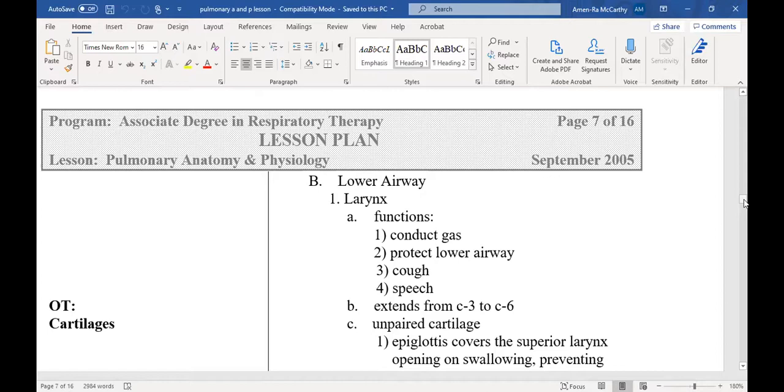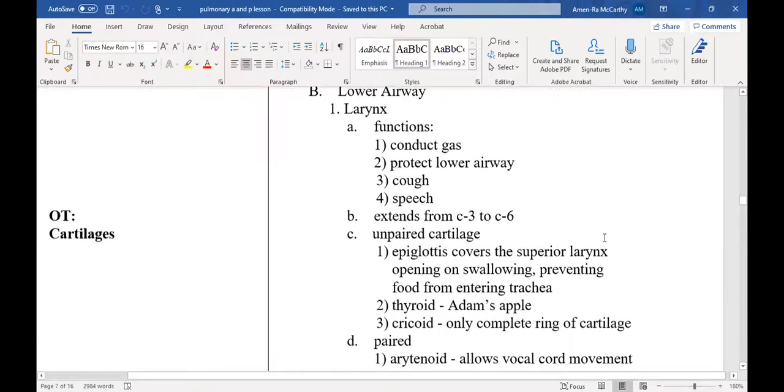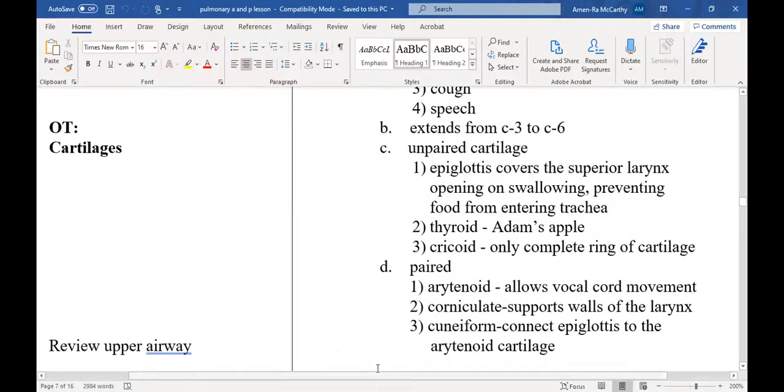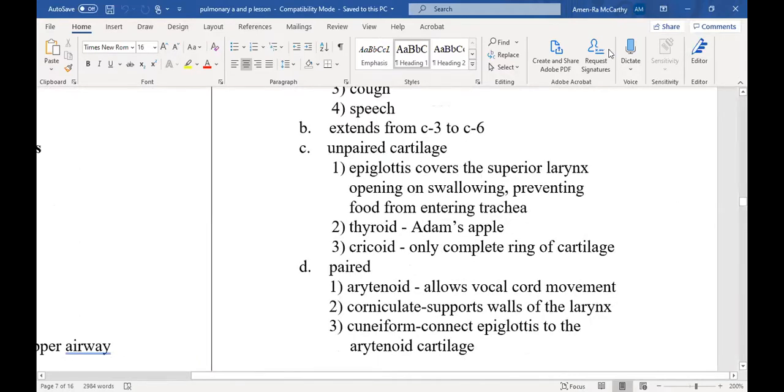Okay. It has those unpaired cartilage and paired cartilage. We said the unpaired cartilage is the epiglottis, which covers the superior larynx opening on swallowing to prevent food from getting in the trachea. All right.